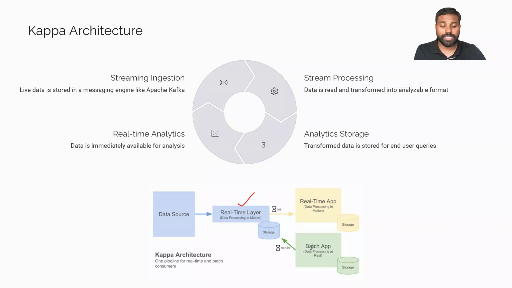On the historical data, we perform certain transformations that are required, so that when you're writing any query as an end user, you get the data in the required transformed format.